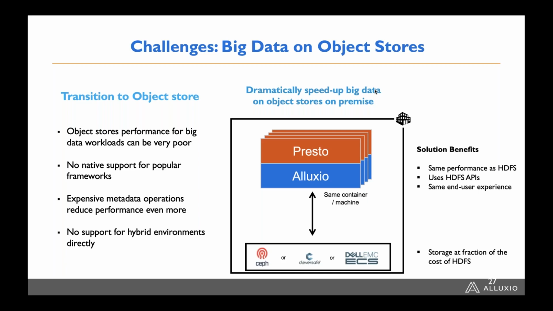Also, these object stores typically have similar semantics to what we mentioned on S3, and because it's different from HDFS, it's no longer deeply coupled with applications. So having a layer like Alluxio to help speed up performance from object store can turn out to be very helpful. This is similar to what we are showing today using the Apple use cases.